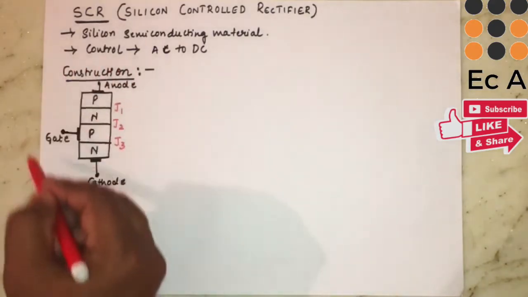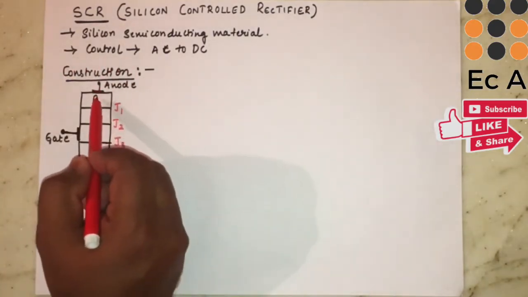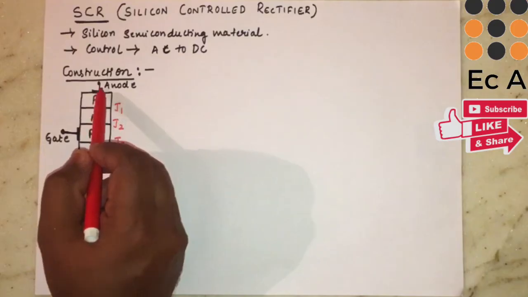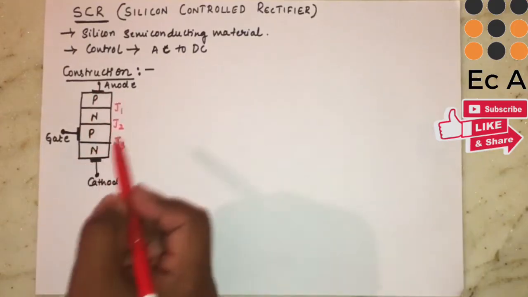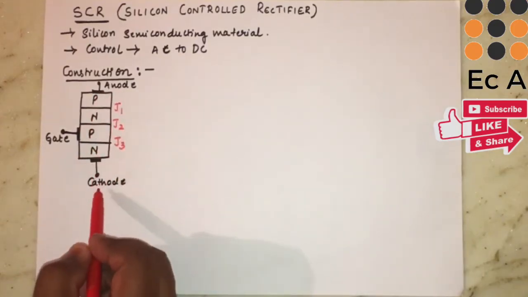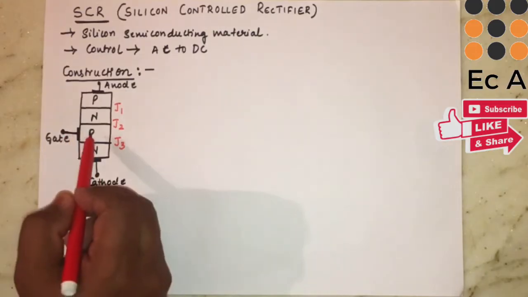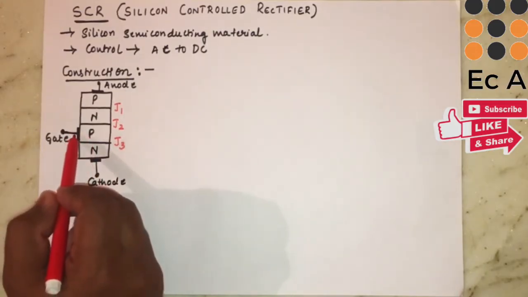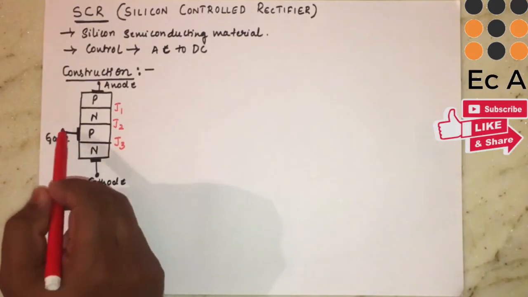It is having 3 terminals. The terminal towards the P region we will call the anode, the terminal towards the N region we will call the cathode, and there is one more terminal we will call the gate.